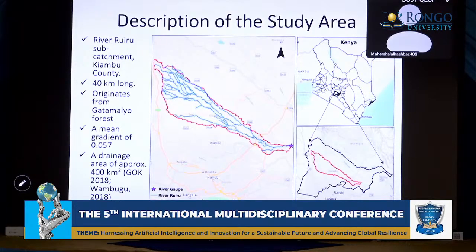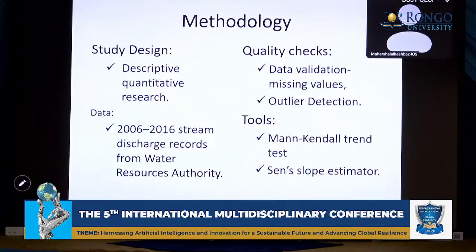So for the methodology, I adopted a descriptive quantitative design. This was just to show the numbers and how they are changing, to give a description of what's happening. The data was obtained from the Water Resource Authority for the years 2006 to 2016.